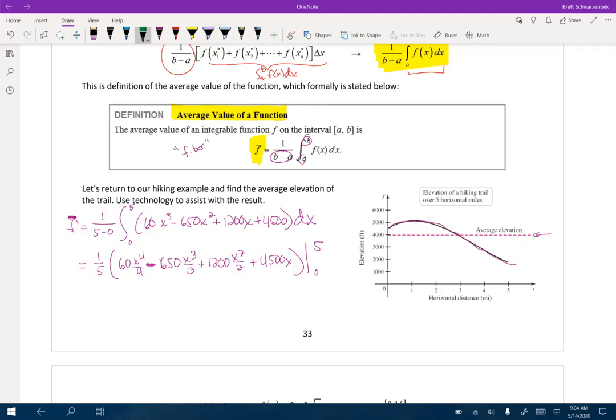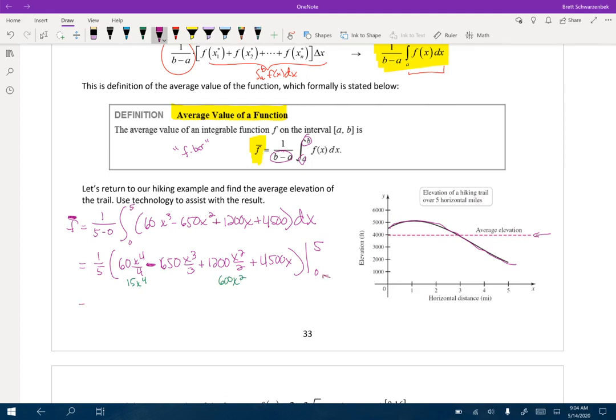Okay, a little bit of simplifying. 4 goes into 60 15 times, so this is 15x to the 4th. The second one's not going to change. This is going to be 600x squared when we simplify. And that's all the simplifying we can do. Luckily, we do have a 0 here, which means we don't have to do a whole lot of work.